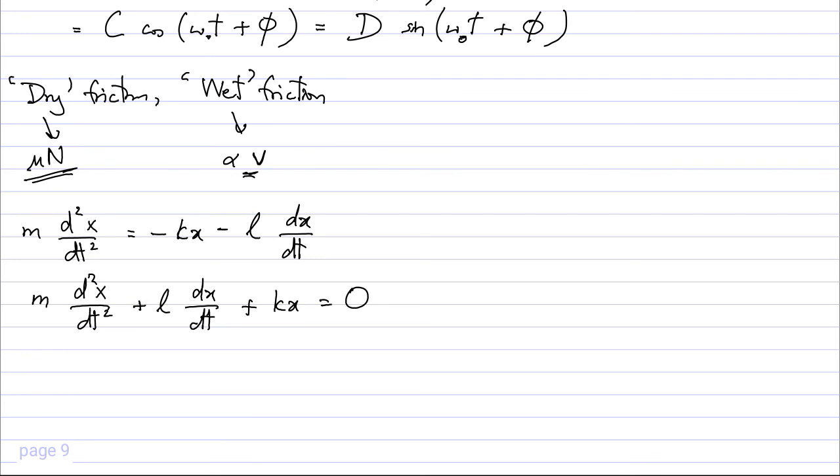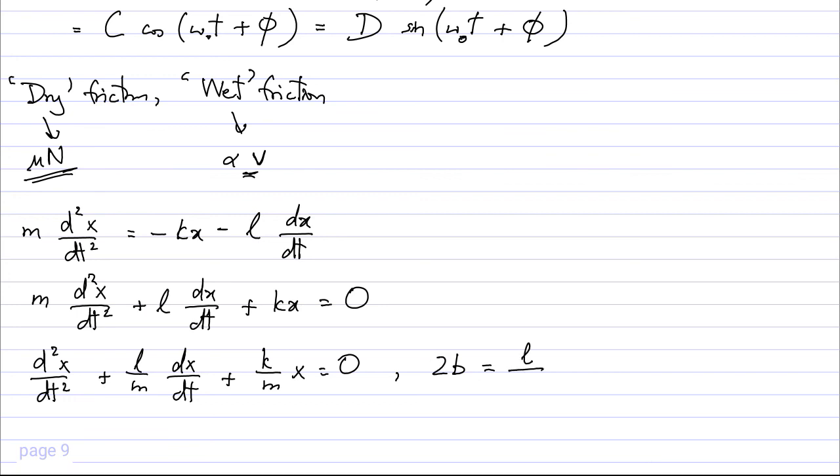So we put this into standard form. I write this as d2x by dt2 plus L over m dx by dt plus k over m x is equal to 0. For later convenience, I define a new parameter b, which you might be thinking I'll be defining as L over m, but I actually define 2b as L over m. This factor of 2 is just for later convenience, so that I don't get extra pesky constants later on.